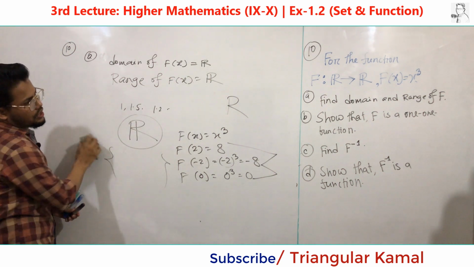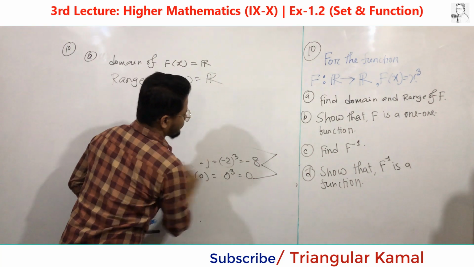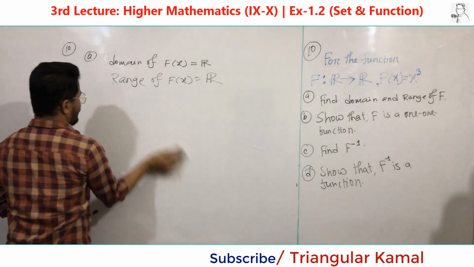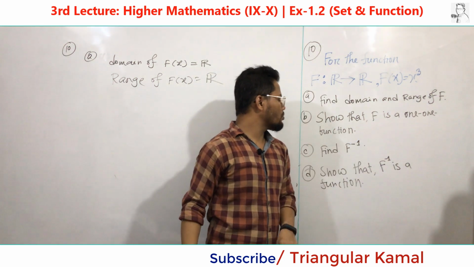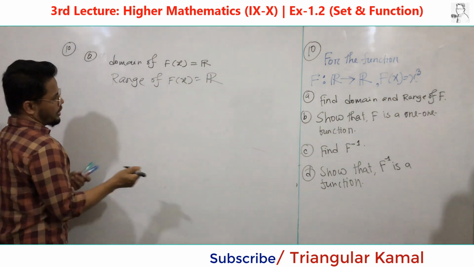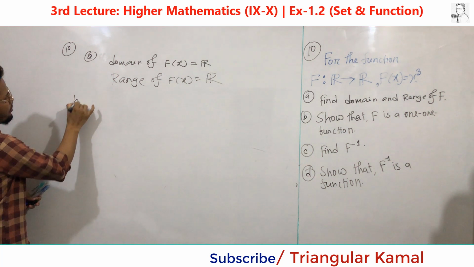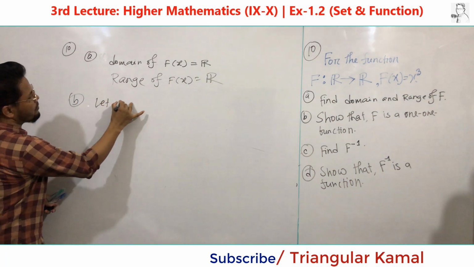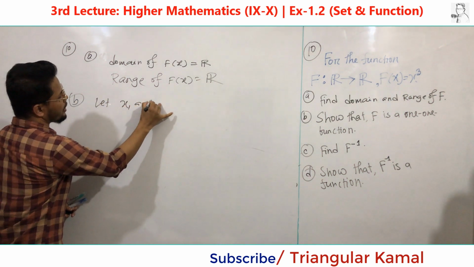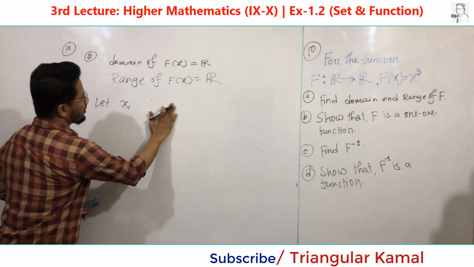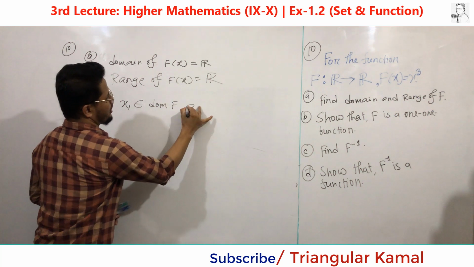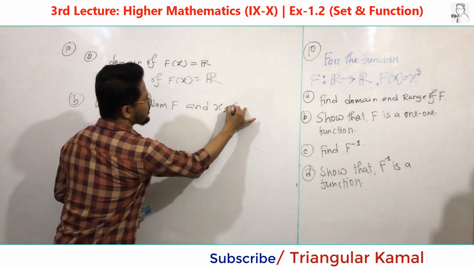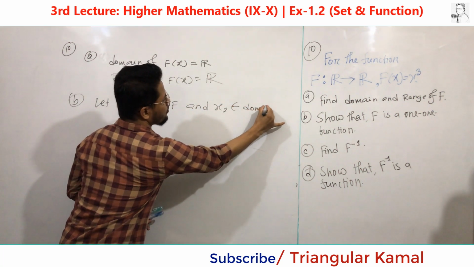Now give attention to question number B. Show that f is a one-one function. Okay, just indicate there number B. Let two elements x1 and x2. Let x1 be an element of dom f, and x2 is also an element of dom f.